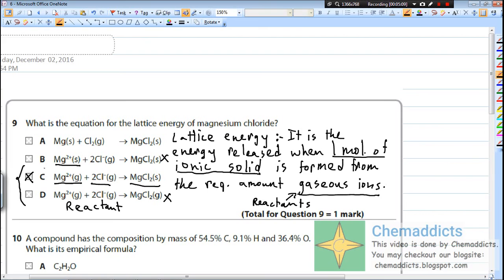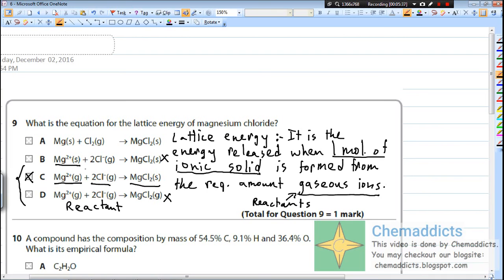Most students can fall into this trap. Most students might ignore the state symbol of the magnesium ion, and as a result choose this wrong answer.